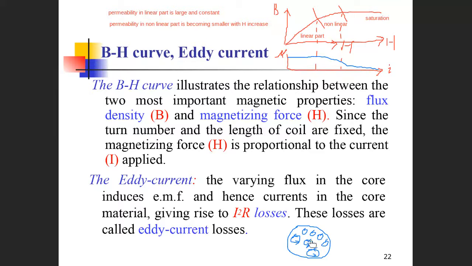Now, mu is the ratio of B over H. The B is not zero, therefore it is impossible that mu is zero.